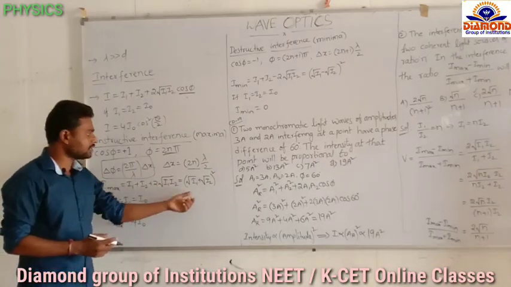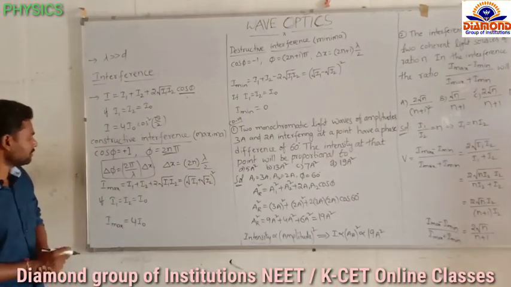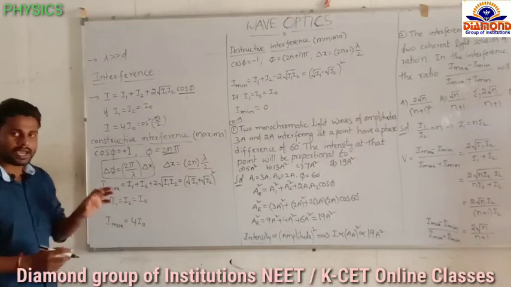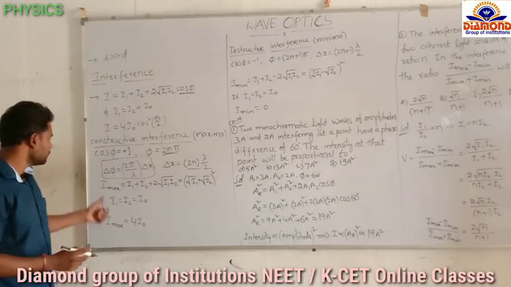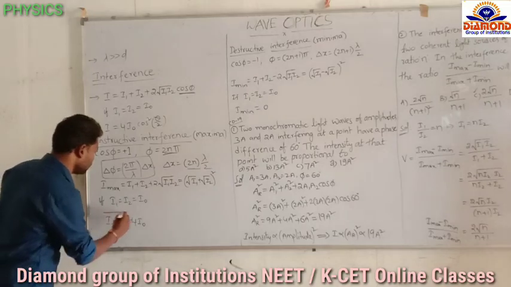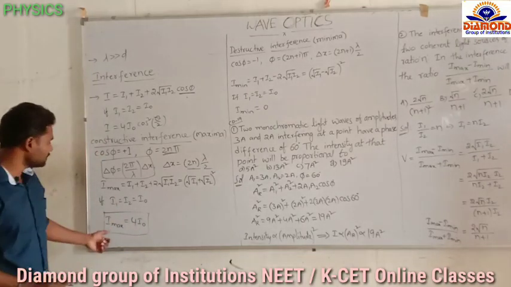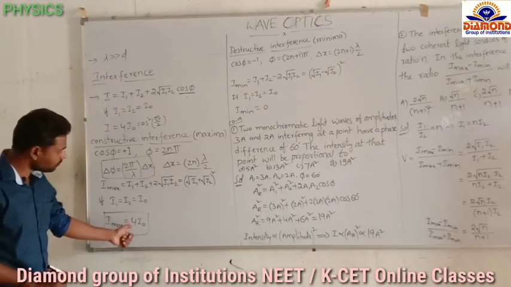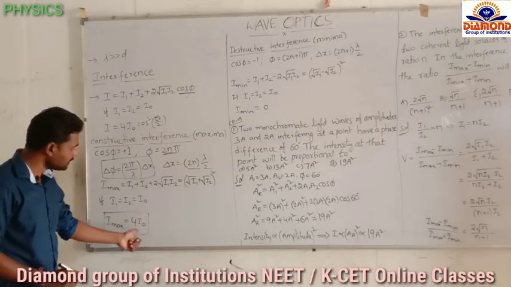From this we can write it as root I1 plus root I2 whole square. If two waves have the same intensity, the maximum intensity is 4 I naught, that is, four times the intensity of a single wave.